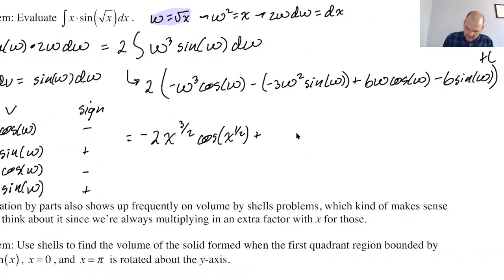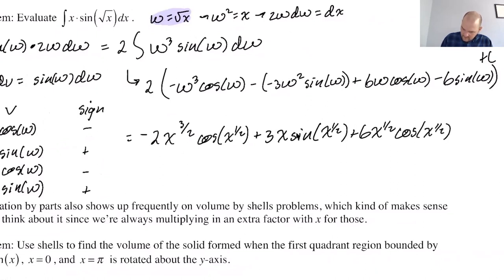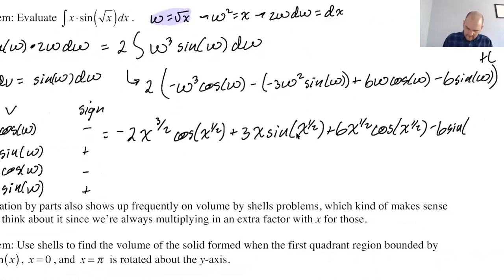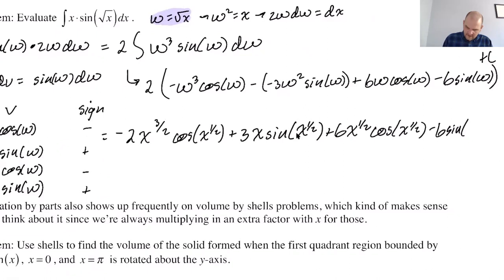And then it's plus 3x sine of x to the 1/2 plus 6x to the 1/2 cosine of x to the 1/2 minus 6 sine of x to the 1/2. I still can't fit it. This is terrible. We're all moving. So equals x to the 1/2.